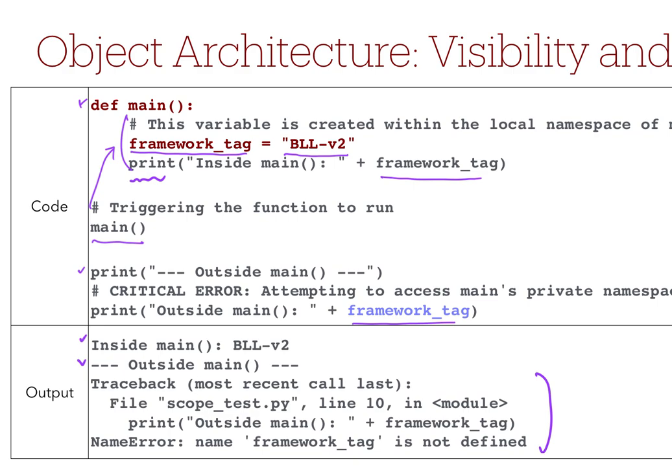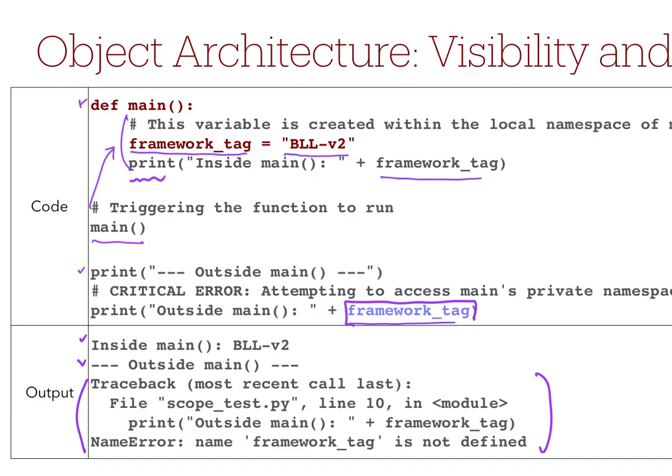But if you try to access that variable outside the main function, at that point, when you evaluate that variable, you get an error message. You get an error because that variable is not seen outside the main function.